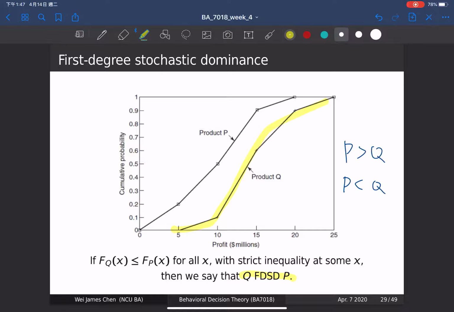Why? Because when you go to the right, it's a bigger number, right?